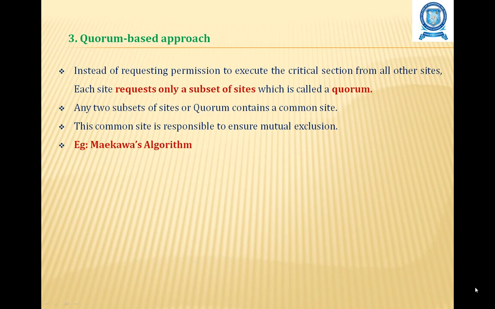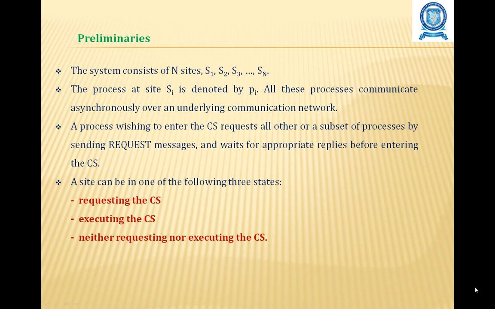The quorums are formed in such a way that when two sites concurrently request access to the critical section, at least one site receives both requests, and this site is responsible for making sure that only one request executes the critical section at any time. So this common site is responsible for ensuring mutual exclusion. Maekawa's algorithm is an example of the quorum-based approach.